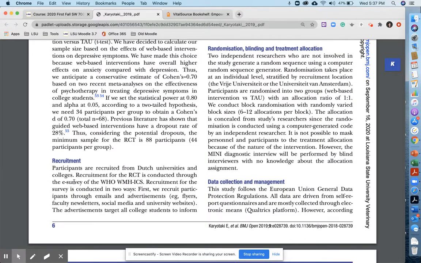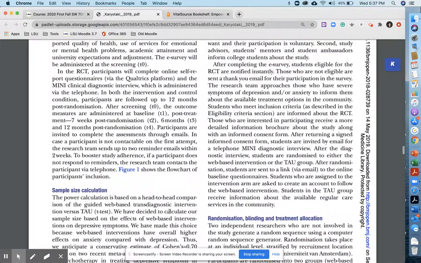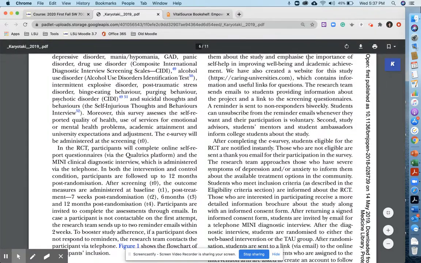Recruitment, down at the bottom of page 6. So it says that participants were recruited from Dutch universities and colleges. And they did it 2 ways. So through emails and advertisements that targeted college students to let them know about the study.